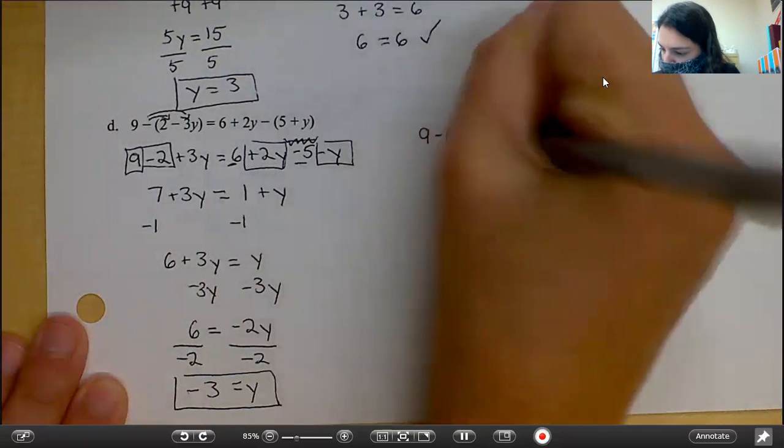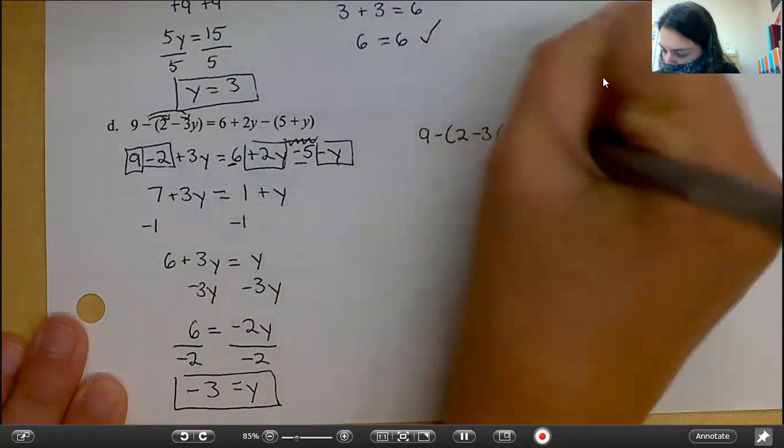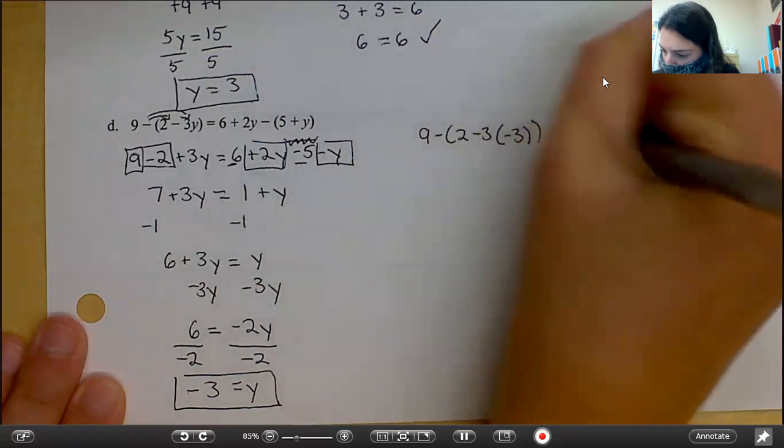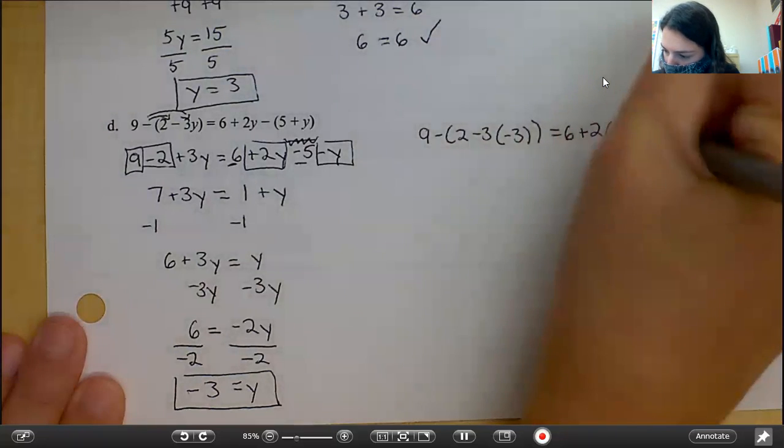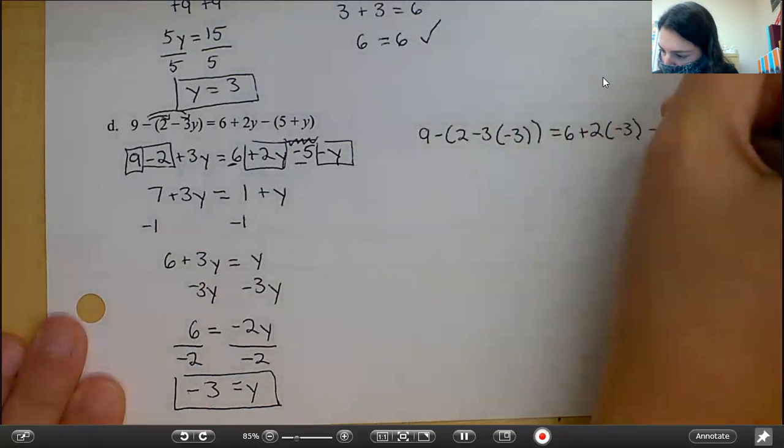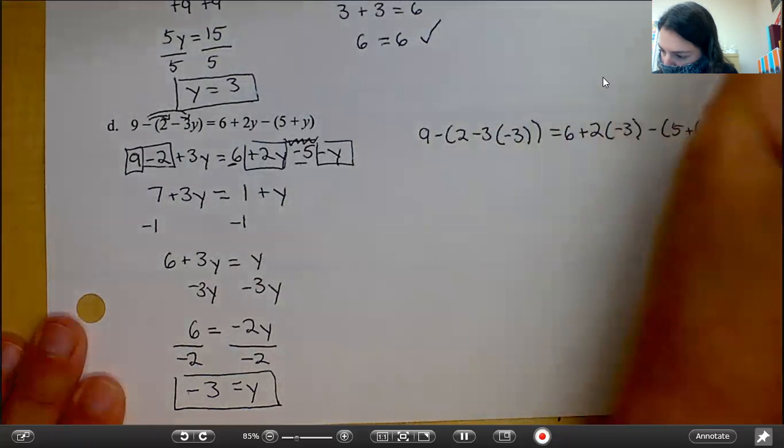9 minus 2 minus 3 times negative 3 equals 6 plus 2 times negative 3 minus 5 plus negative 3.